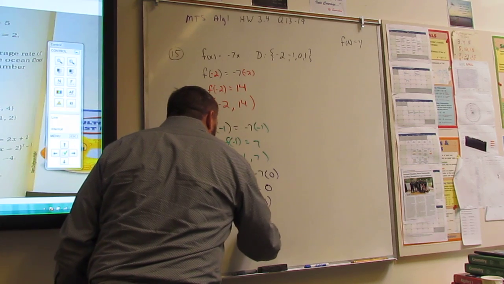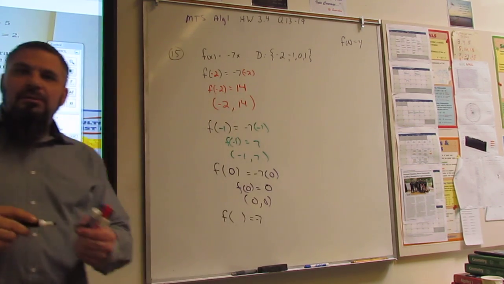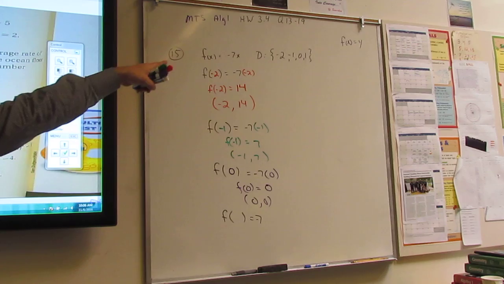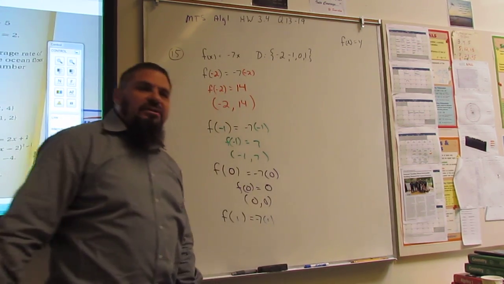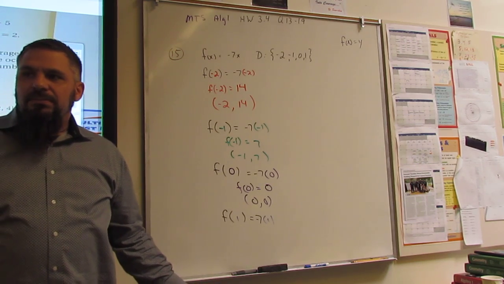What's the last coordinate that I'm putting in? 1. So what is negative 7 times 1? Negative 7.